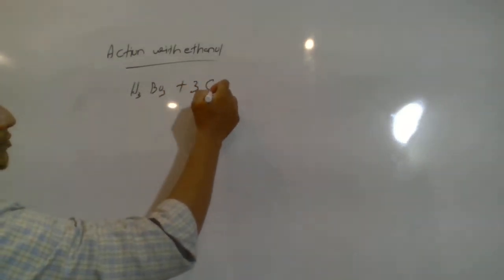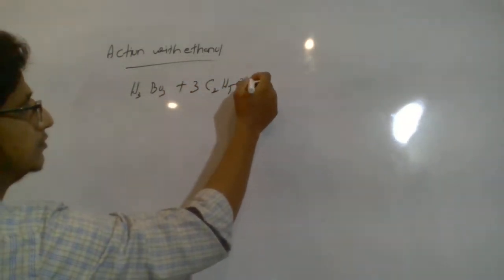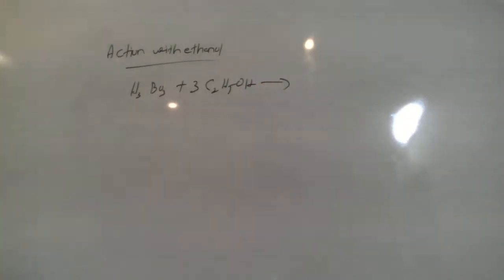Next, the reaction with ethanol. Now this is something that you do in the lab to detect the presence of borate. So this reaction is very important. You can see the reaction when orthoboric acid is heated with ethanol, C2H5OH.